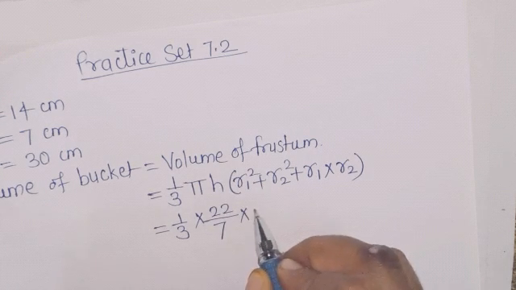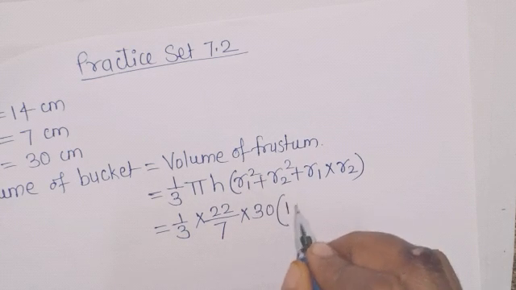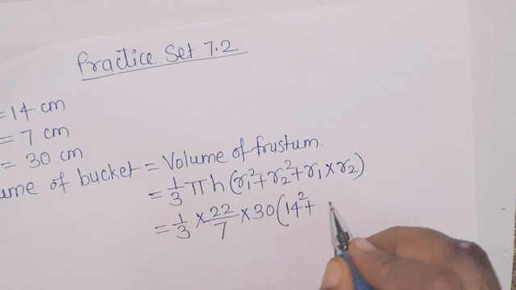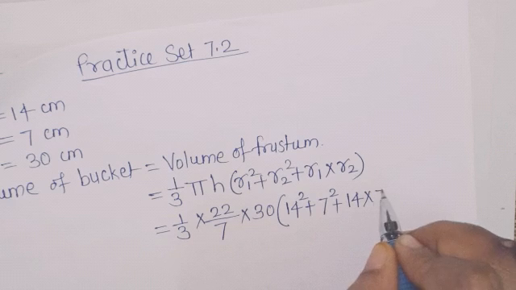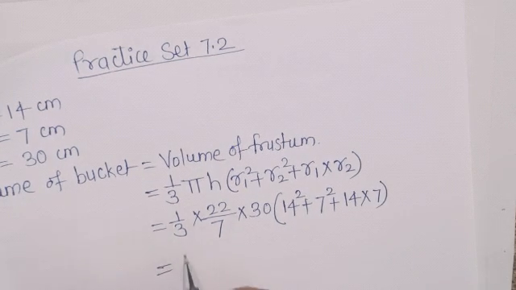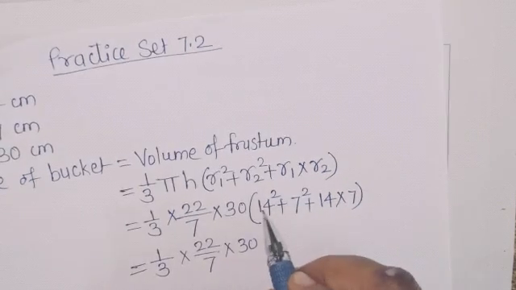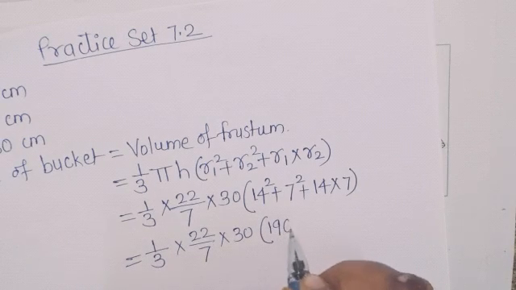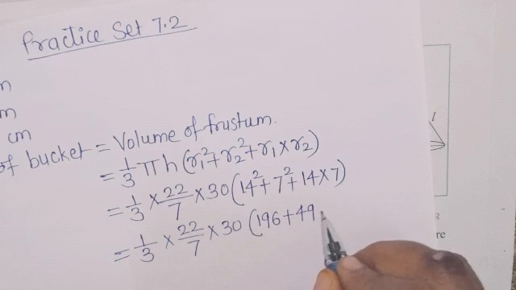H is equal to 30. R1 equal to 14. So 14 square plus 7 square plus 14 into 7. 1/3 into 22/7 into 30 into, now 14 square is equal to 196. 7 square is equal to 49.